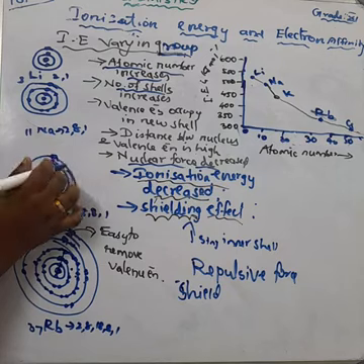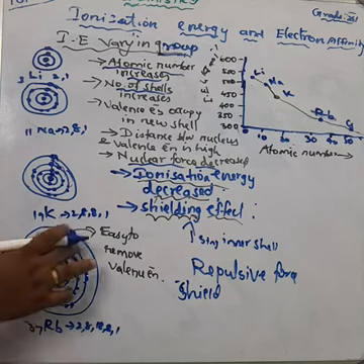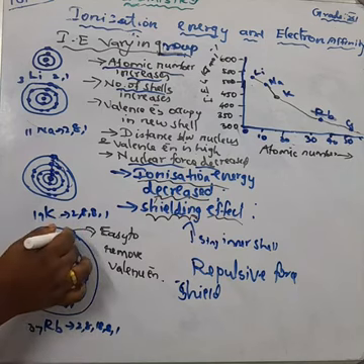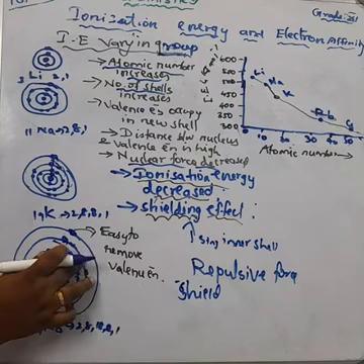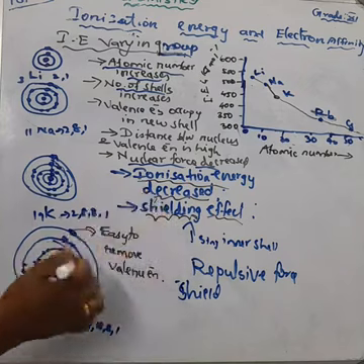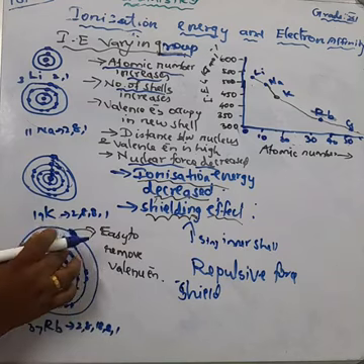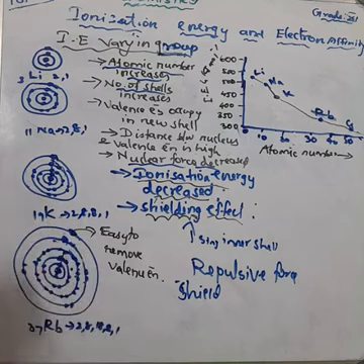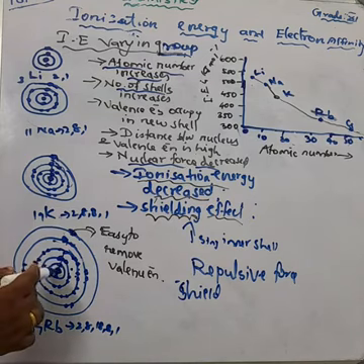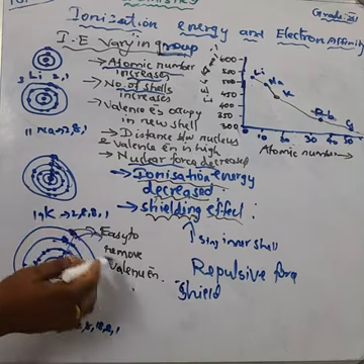Therefore, the shielding effect from the inner shell electrons decreases the attractive force acting on the valence electron. When the nuclear attractive force is low, we can easily remove the electron from the valence shell.